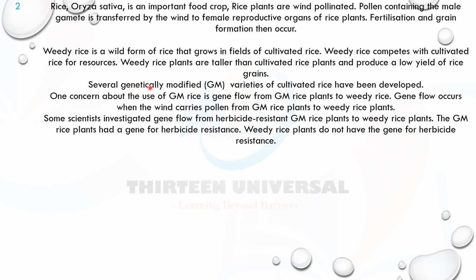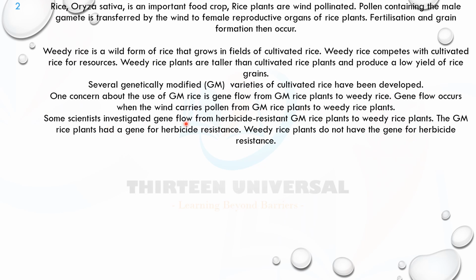Several genetically modified (GM) varieties of cultivated rice have been developed. One concern about the use of GM rice is gene flow from GM rice plants to weedy rice. Okay, there's gene flow between the GM cultivated plant and the weedy rice. Gene flow occurs when the wind carries pollen grains from a GM rice plant to a weedy rice plant.